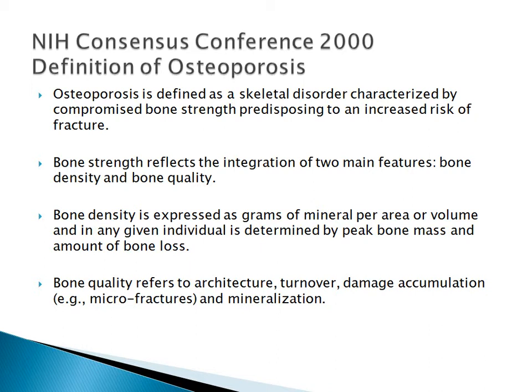Bone turnover markers come into play here. If you have a low bone mineral density, your risk for fracture increases, but if your bone turnover is also increased, your risk is even greater.